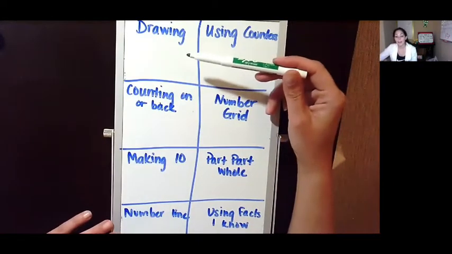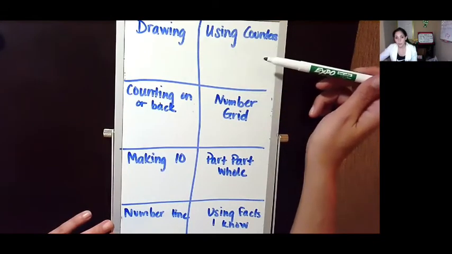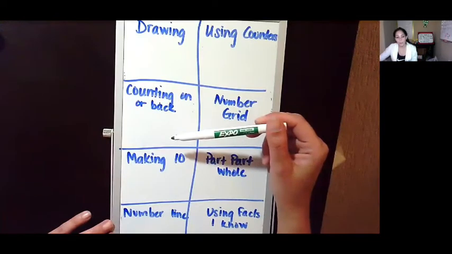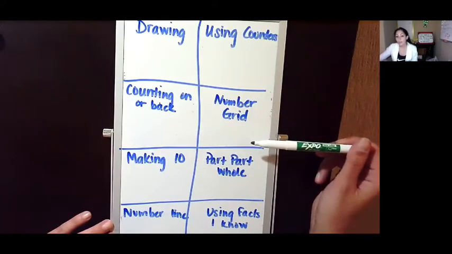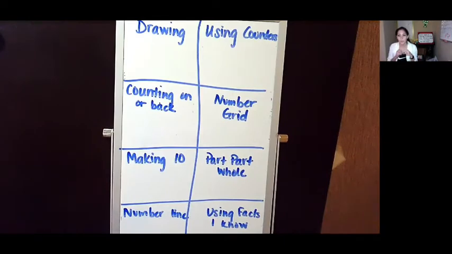When you are adding or subtracting: drawing, using counters, counting on or counting back, using a number grid, making 10, using part, whole, and related facts, using a number line, or using facts I know. These are the 8 go-to ways that can help you accurately solve an addition or subtraction sentence.